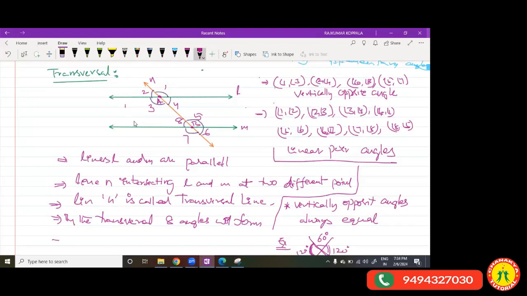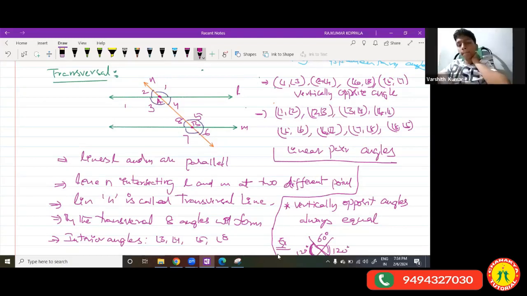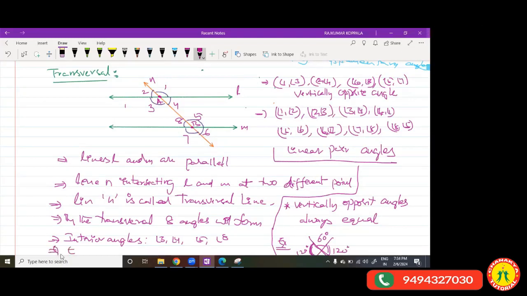Interior angles are angle 3, angle 4, angle 5, angle 8. Is it right? Yes, sir.